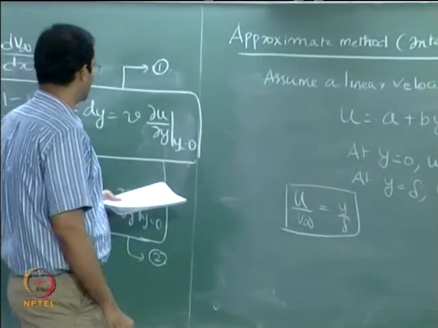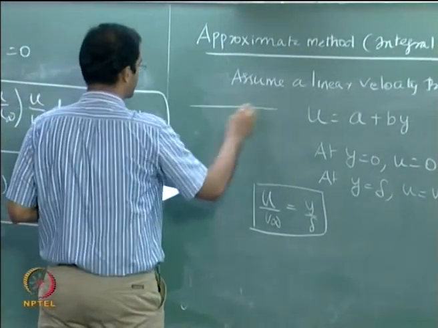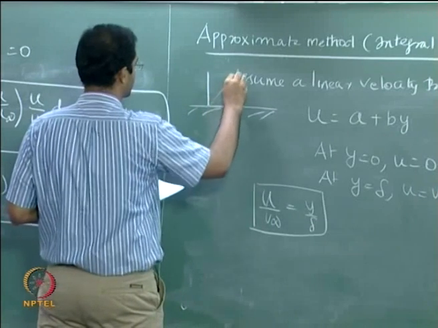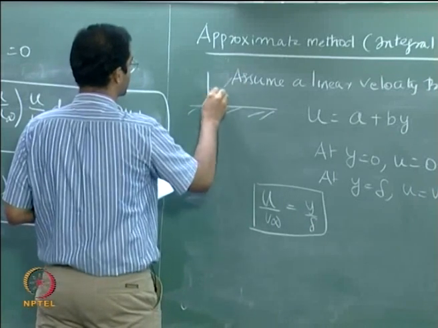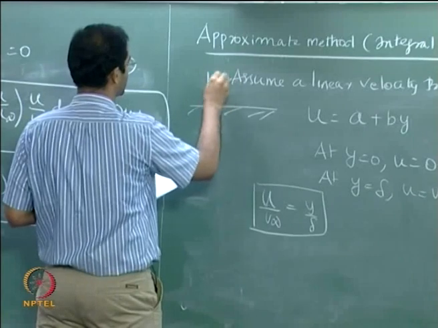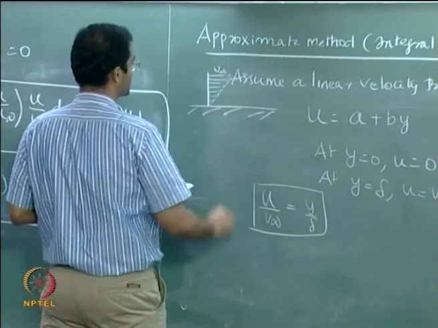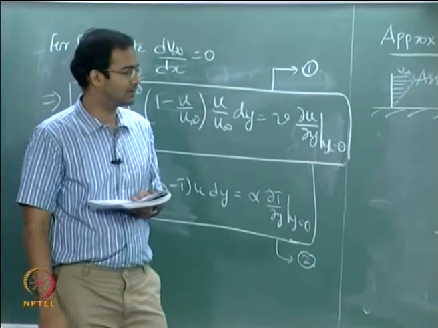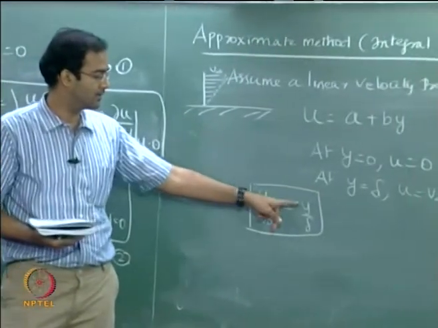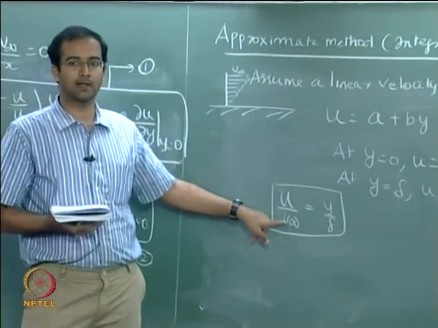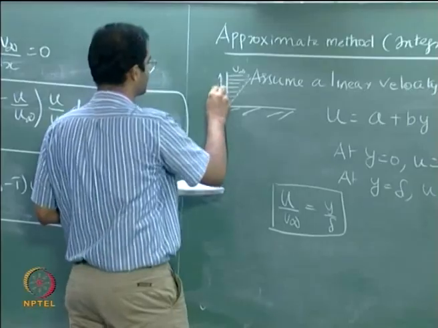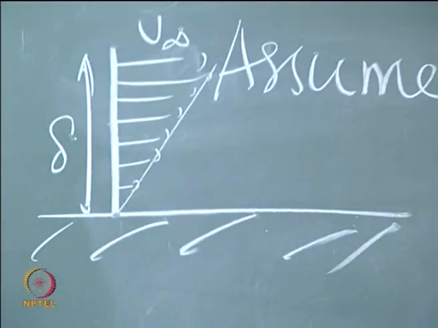If I plot this profile for a flat plate at any location, it will show a very linear variation from 0 to u infinity. At y equal to 0, u will be 0 and varies linearly. At y equal to delta, u will become u infinity. So this will be delta, something like a Couette flow profile.